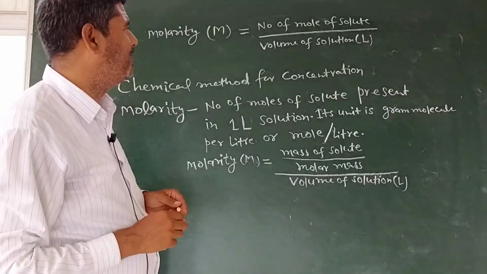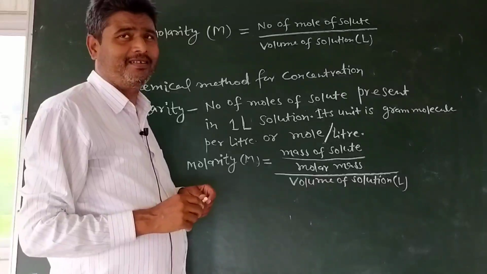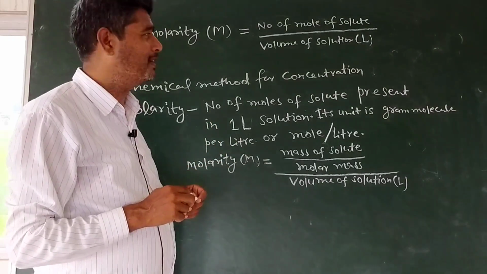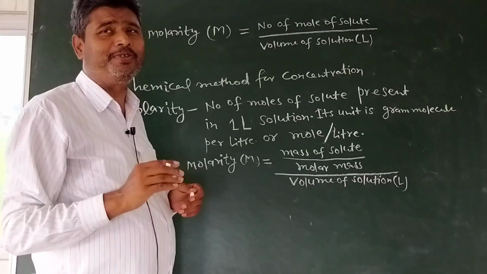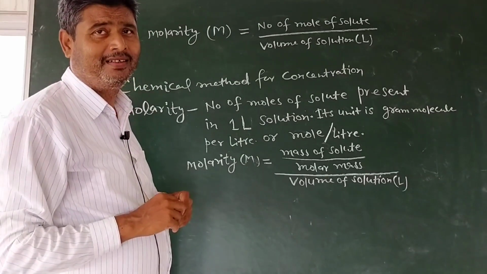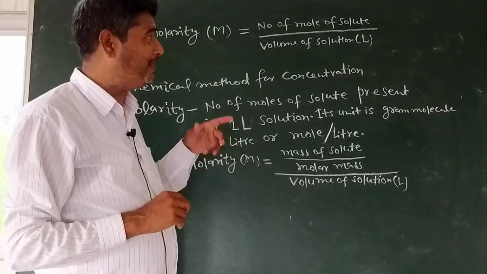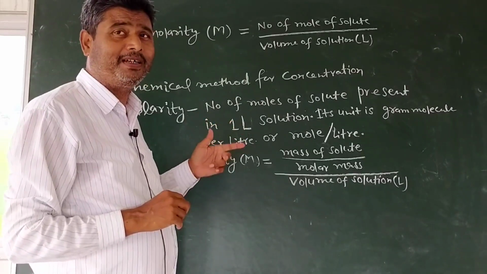If volume is given in milliliter, you have to change that into liter. 1 liter contains 1000 milliliter. So if the given volume is in milliliter, then that milliliter will be further divided by 1000.